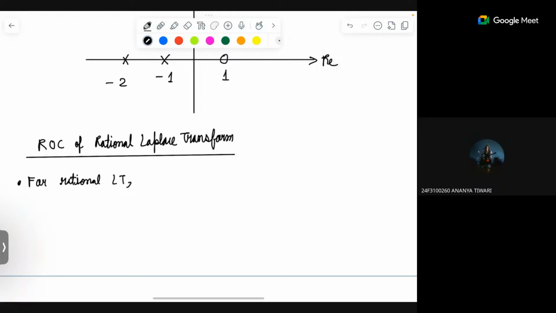In fact, in a rational Laplace transform, poles bound the ROC. There are no poles inside the ROC. Poles bound the ROC.